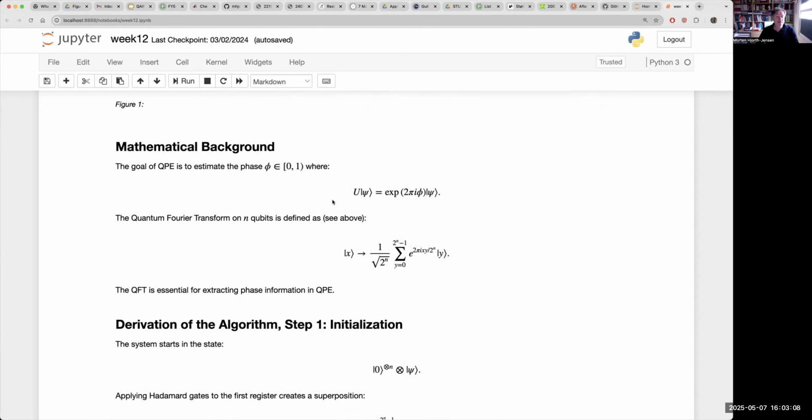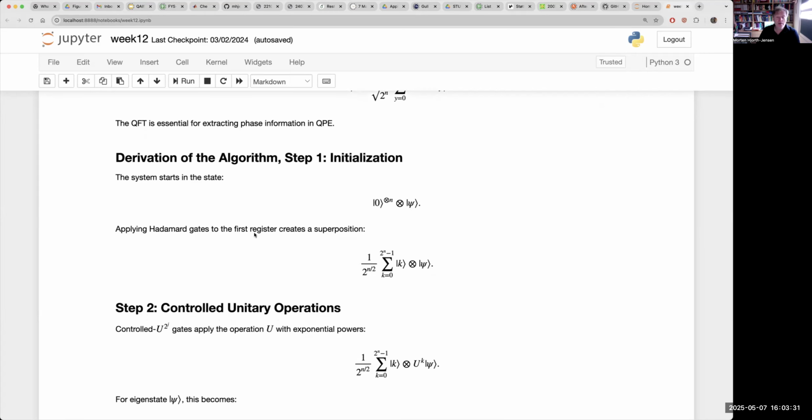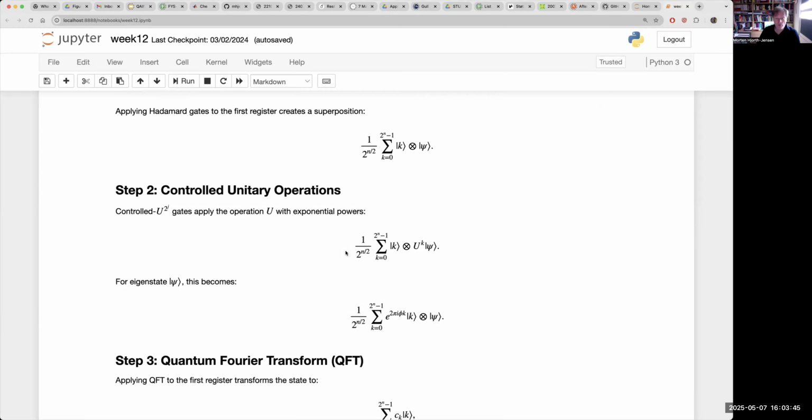So the mathematics here is that we are going to set up the initial state, as we discussed earlier. If we have n qubits, we need to perform the tensor products of n qubits. And then we have the second register, which corresponds to the number of bits which we need to represent a given state. Then we apply a Hadamard to the first register to create a superposition. The next step is to perform the controlled unitary operations, applying the operation with exponential powers.